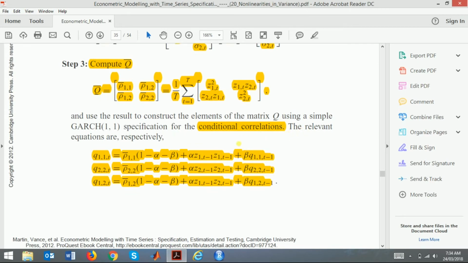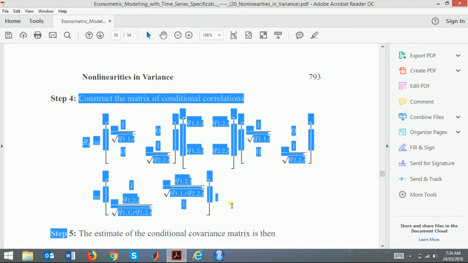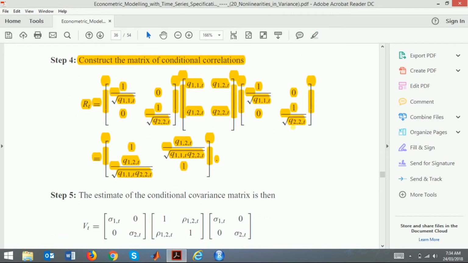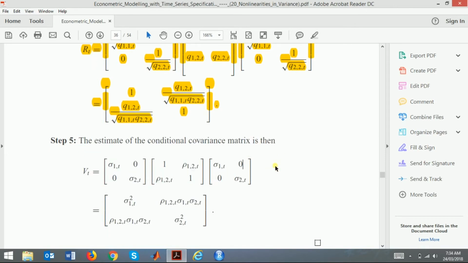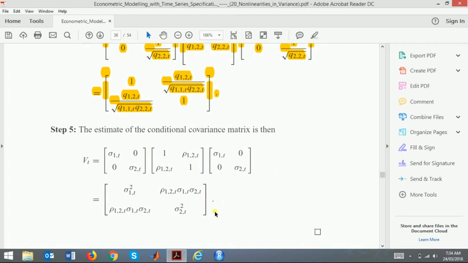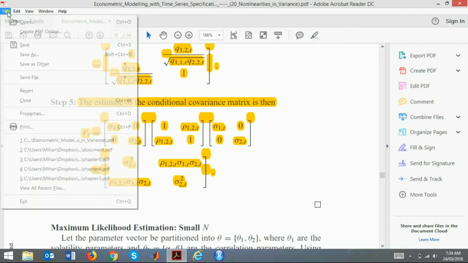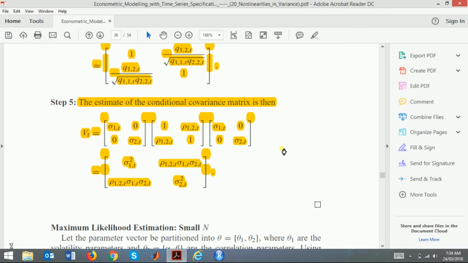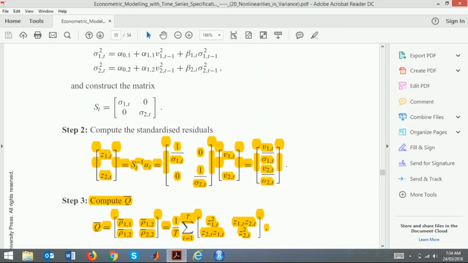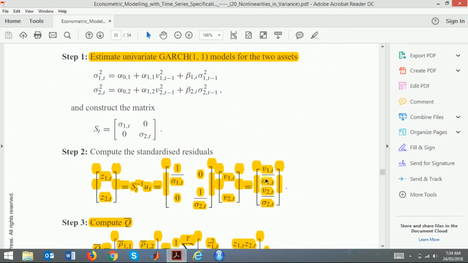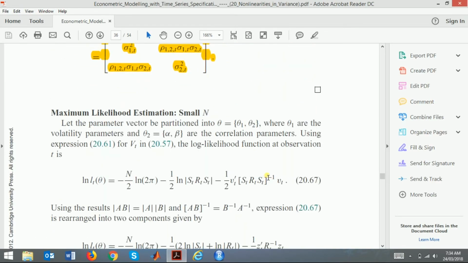So this is the specification, and then the matrix of conditional correlation follows this equation. Then you estimate the conditional covariance matrix. My God. Okay. And that gives you a DCC model, right? A 5-step process for the bivariate DCC model for a two asset case, dynamic conditional covariance.